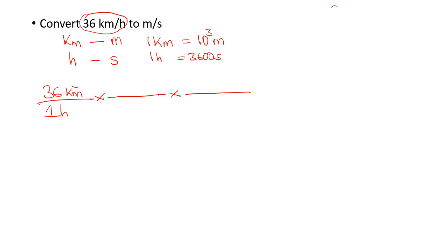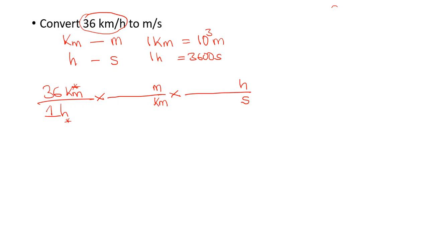So I want to cancel kilometers here, which means I need to put kilometers down here. Kilometers go with meter. I want to cancel the hour here, which means I need to put hour up there. And then the hour goes with seconds.